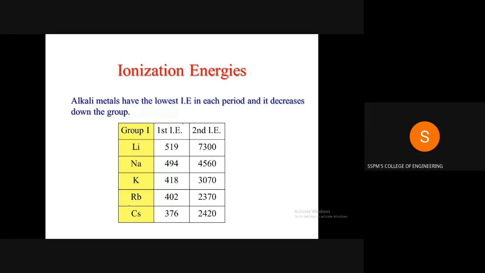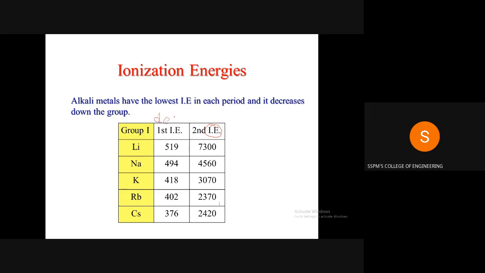They ask a very important question, one or two questions are asked on this topic, related to atomic radii as well as particularly ionization energy. Because we know only the first ionization energy, we think that when you go down the group ionization energy will decrease, but the second ionization energy increases.